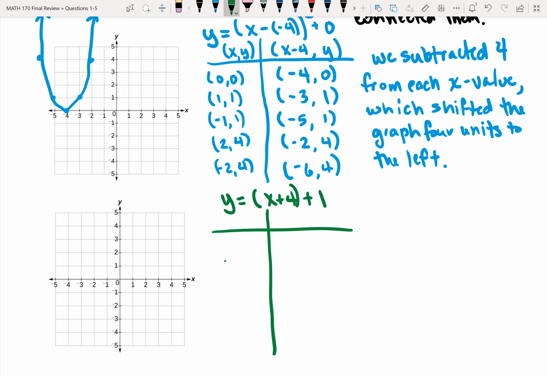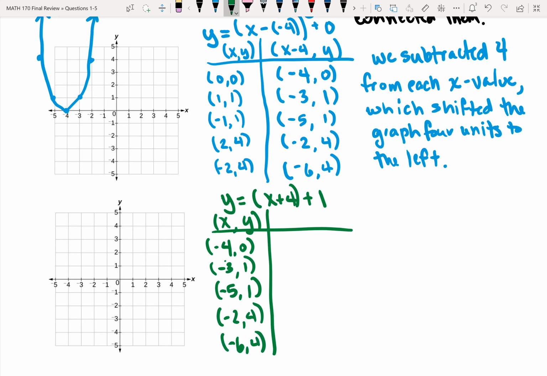So we have the points x and y, right? So we have -4, 0, -3, 1, -5, 1, -2, 4, and -6, 4.